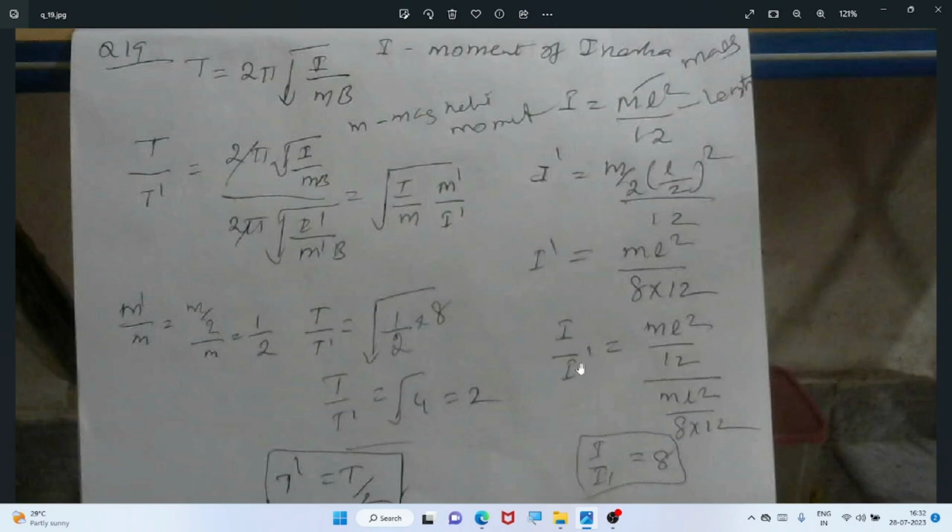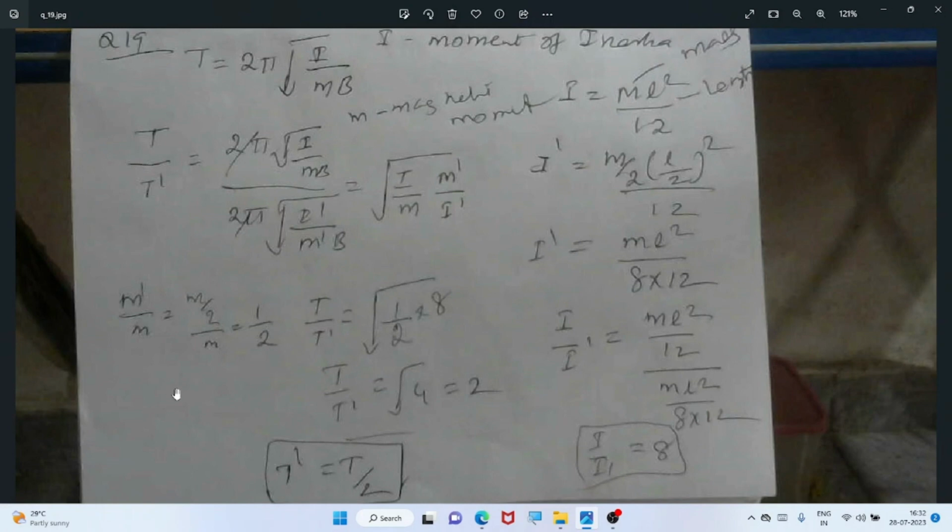This is the ratio of the original magnet to the cut magnet. Now for T and for T dash, that is the cut piece, we substitute the moment of inertia. After that you will get T dash, the individual piece, which will be half of the time period of the original oscillation.